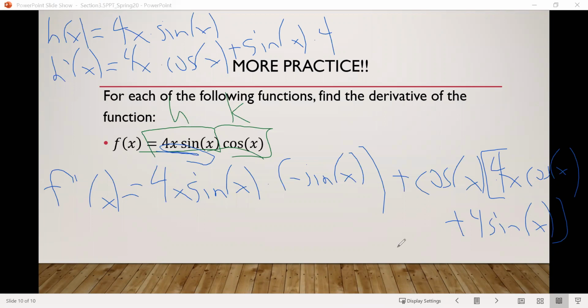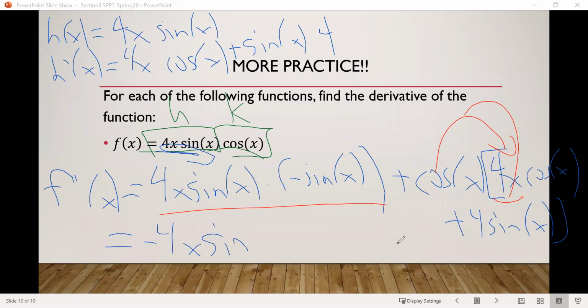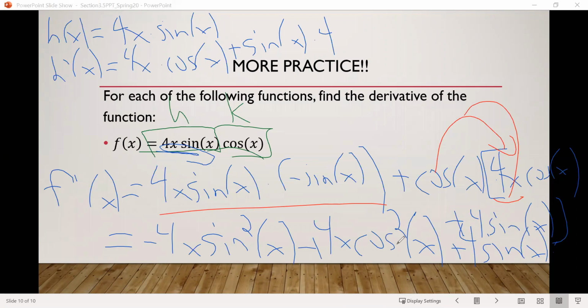And then let's see, over here we can distribute. And we can also multiply this out. And if we do that, it looks like we'd have negative 4x sine squared of x plus the 4x cosine squared of x plus 4 sine x times cosine x. Sorry, that's getting crammed over there. Okay, and we can leave it as this, which I know it's a mess.